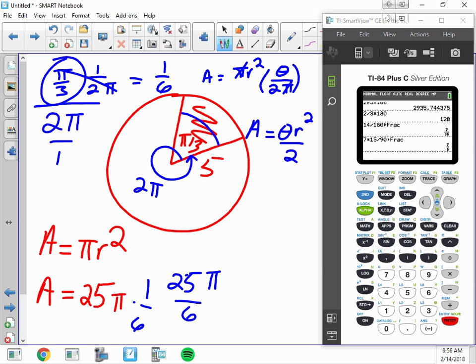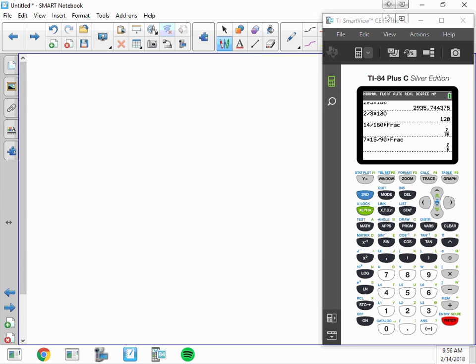So this formula relies on the fact that the pi's will cancel. So there's a different area formula for degrees, or just convert to radians. So our formula is theta r squared over 2. So look at number 90.